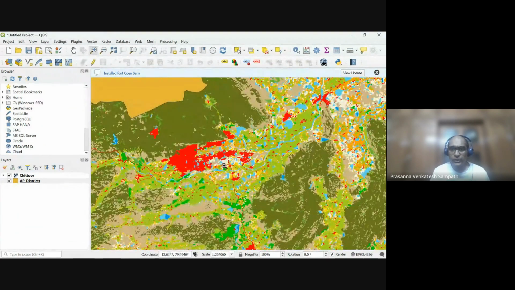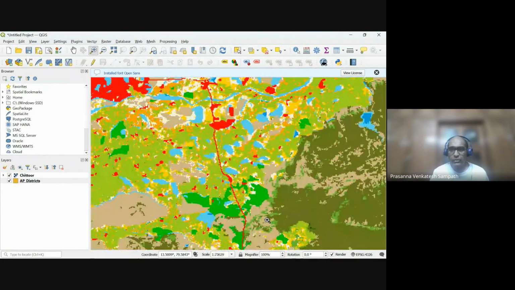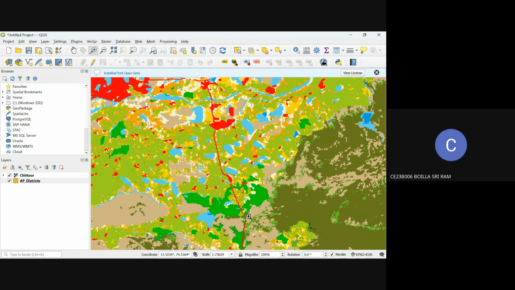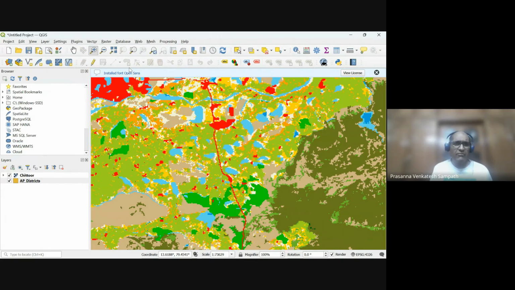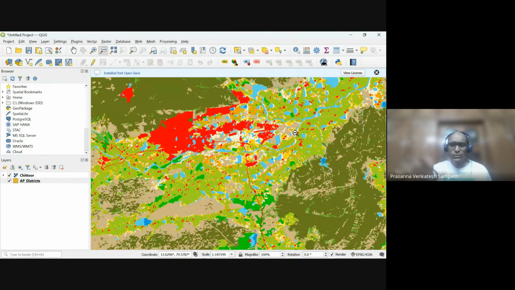Now I'll also give you some other hints for what to do. If you zoom in further, in fact, you will notice, I just zoom in here. You will see there's this red area, and then there's a thin red line going through here. What do you think that is? National highway. National highways or any highway, basically. So in different parts, you will see these red lines.